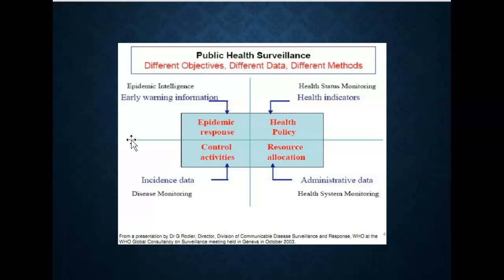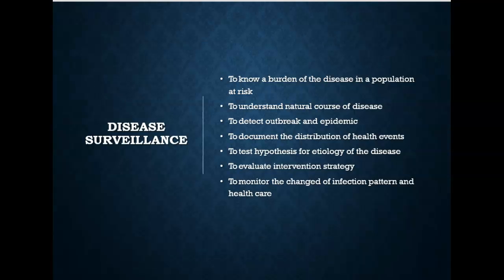So these are the four areas, quadrants, which are required to take into consideration. Again, to understand the natural course of disease, these are all aspects which are extremely important.